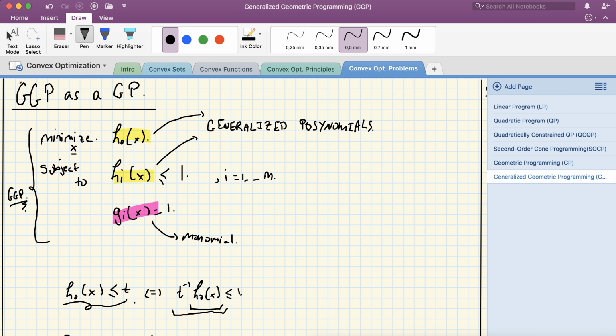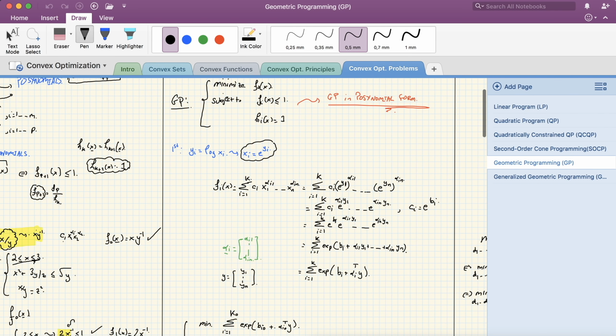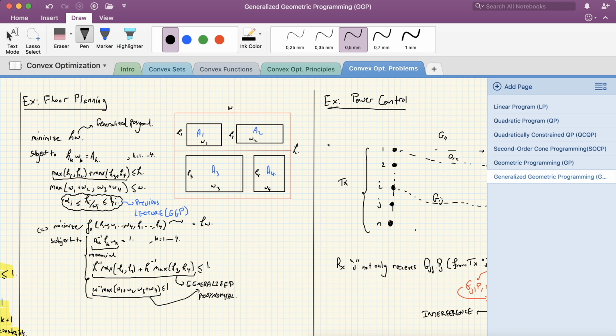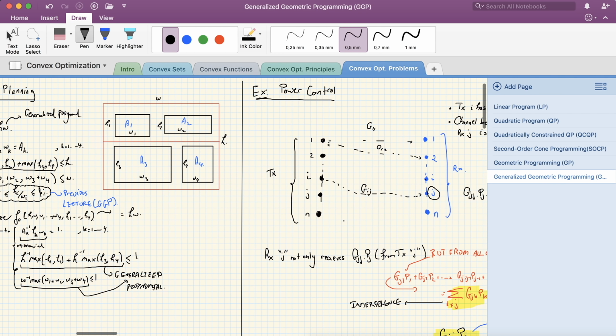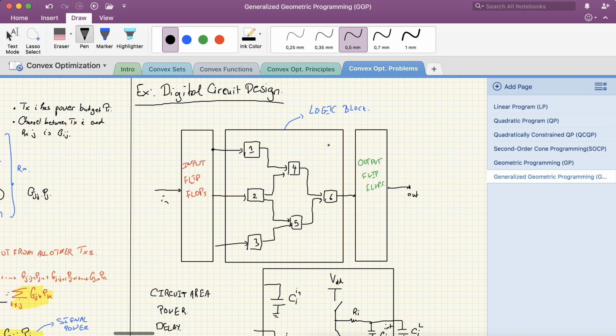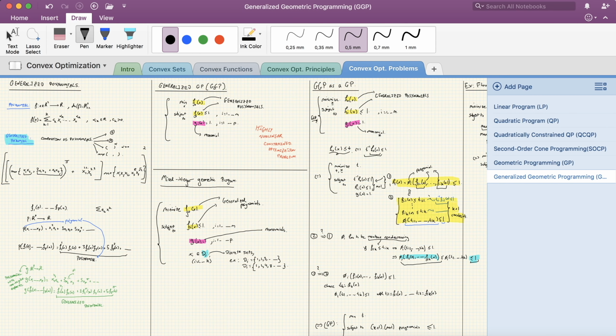So a two-stage process. First a GGP to a GP and then a GP in convex form. Later on we're going to see some applications of geometric programming such as floor planning, power control, and digital circuit design. So without further ado, let's get started.